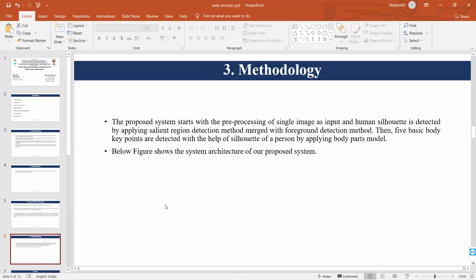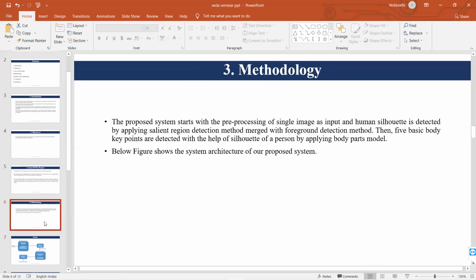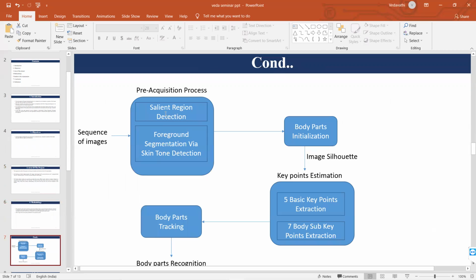The methodology we use is pre-processing techniques. First, in the pre-acquisition process, the salient region detection method is implemented, and then foreground segmentation via skin tone detection.